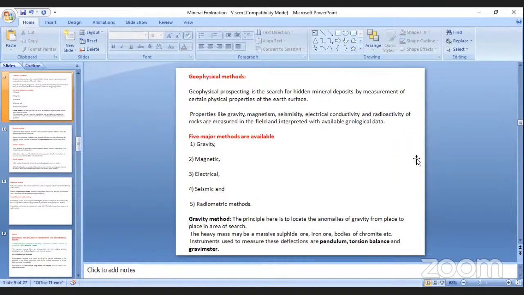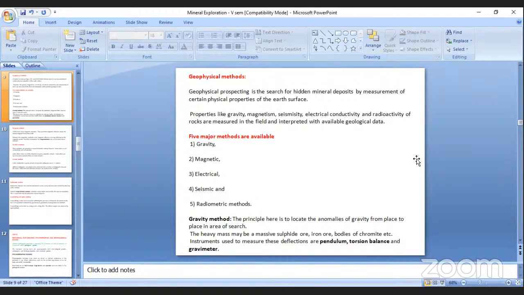The first one is gravity. The second is magnetic, where we measure the magnetism. The third is electrical, for which we use electrical wires. The fourth is the seismic method. And the fifth is the radiometric method.